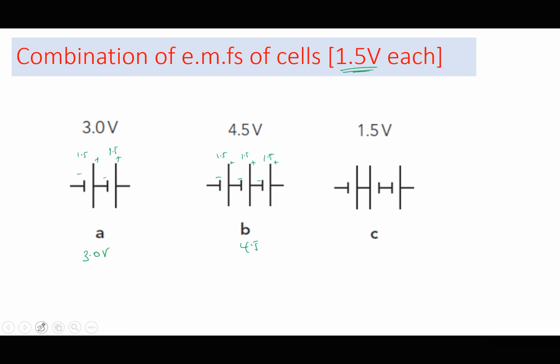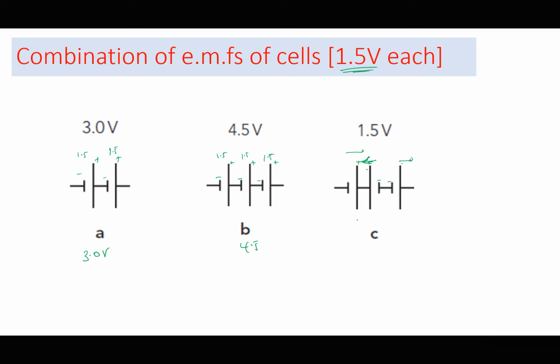However, if cells are combined in this nature, notice that the positive terminal is joined to a positive terminal, and here a negative terminal is joined to a negative terminal. Because current flows from positive to negative, the current from this cell is in this direction, and the current from this cell is in this direction, but the current from this cell is in the opposite direction.